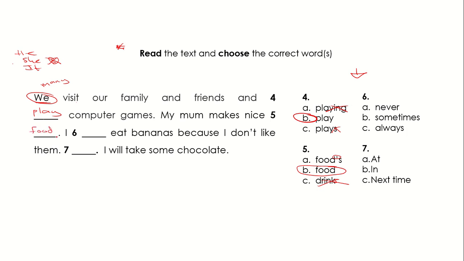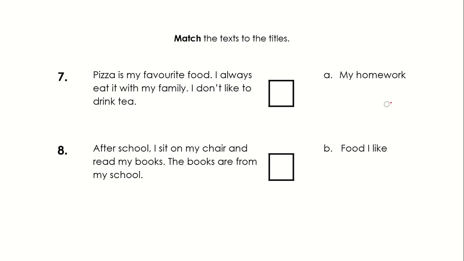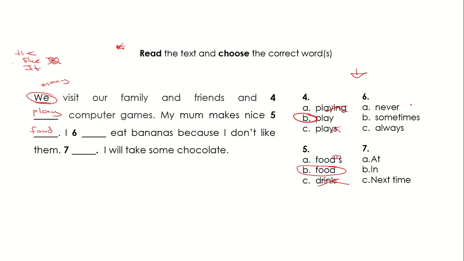I never, sometimes, or always. We need to choose from these three. Sorry about that. This question number 6, we need to read what comes after. And think about never, sometimes, always. Never means you don't do it.